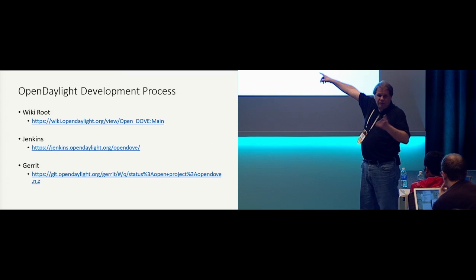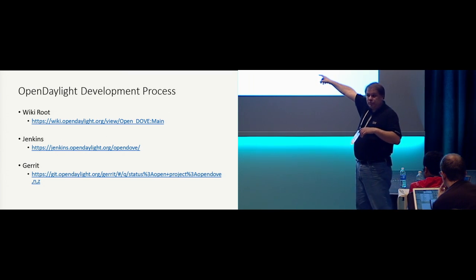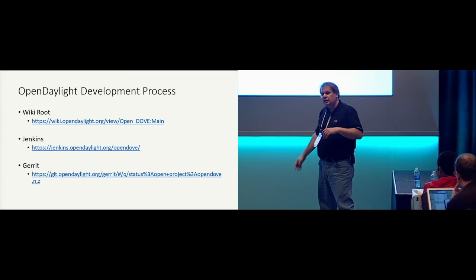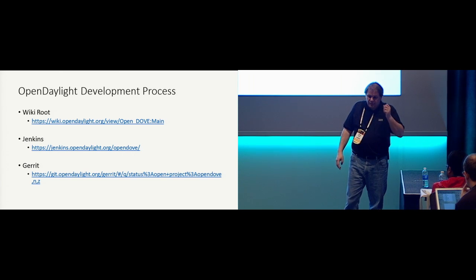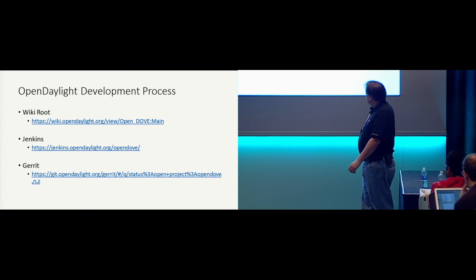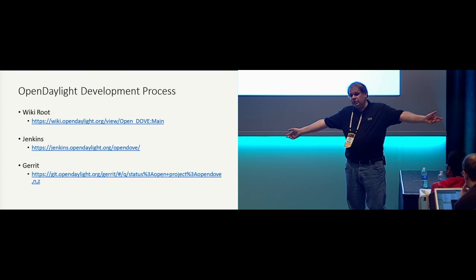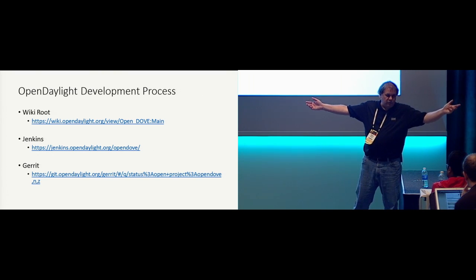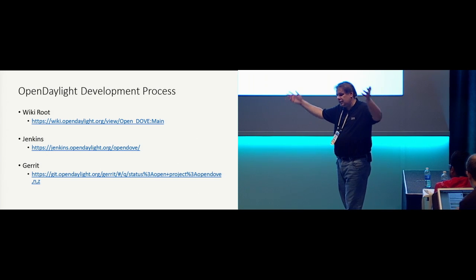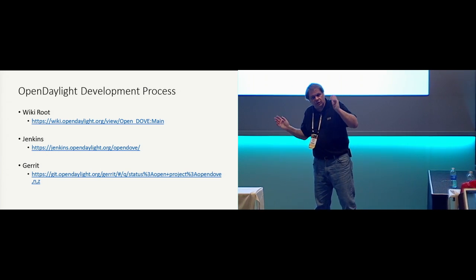We have our own Jenkins because we're on our own OpenDaylight project. We have our own Gerrit. I apologize, the Git isn't up there. It's OpenDOVE.git. If you're familiar with the controller being controller.git, same path, OpenDOVE.git will get you the OpenDOVE stuff.